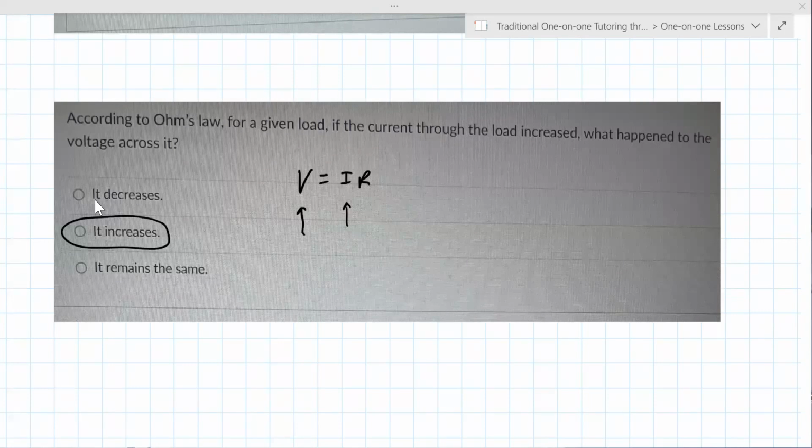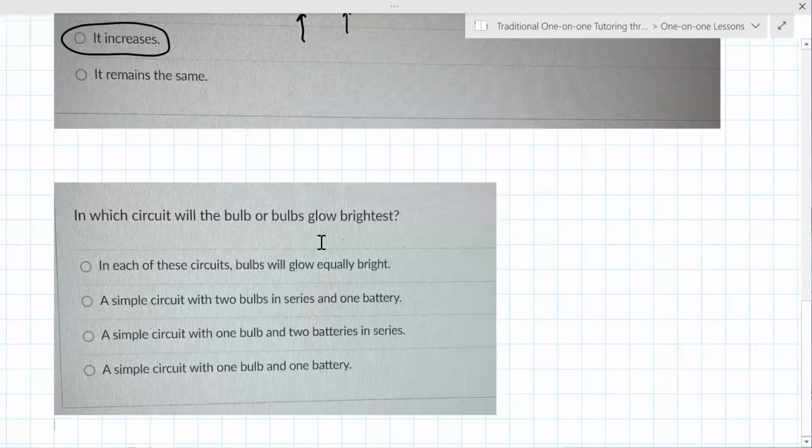Okay, next question. In which circuit will the bulb or bulbs glow the brightest? This question is based on understanding how voltage and resistance and current all connect to a bulb.